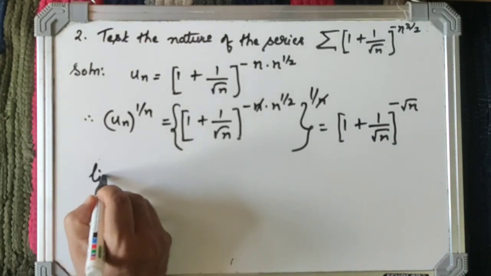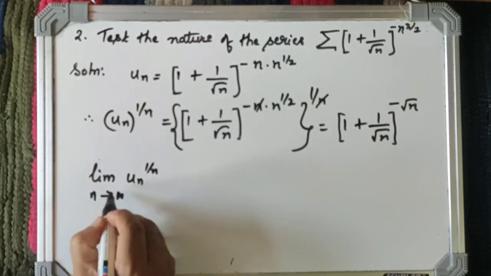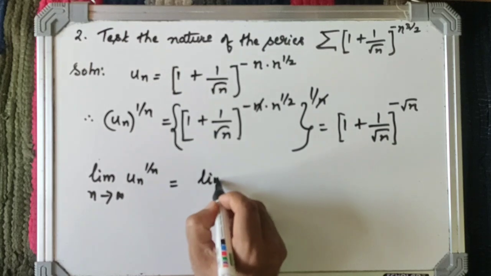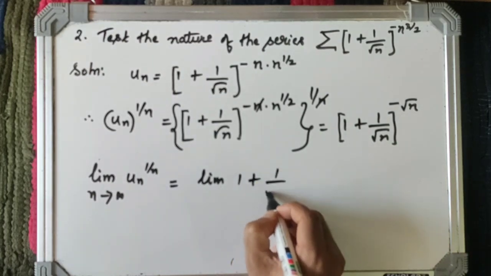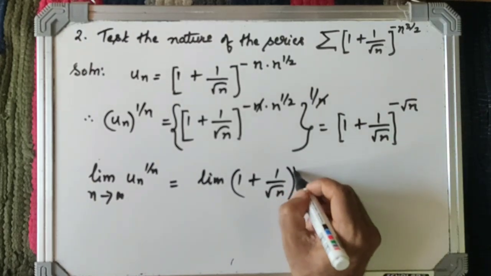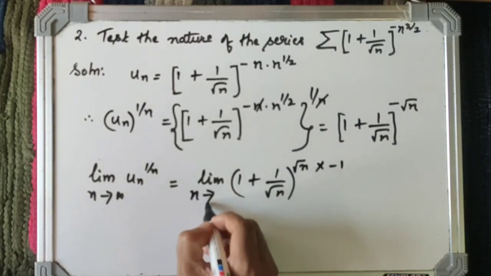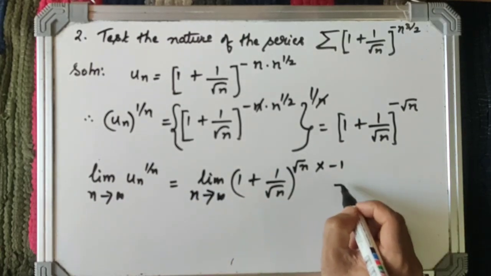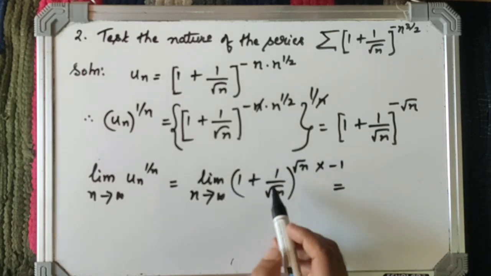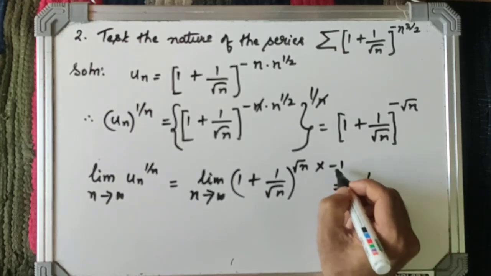If I take the limit of un power 1 by n as n converges to infinity, I will find the limit of (1 plus 1 by root n) whole power minus root n, which I will write as root n into minus 1, as n converges to infinity. If you take the limit, this is our e power 1, whole power minus 1.